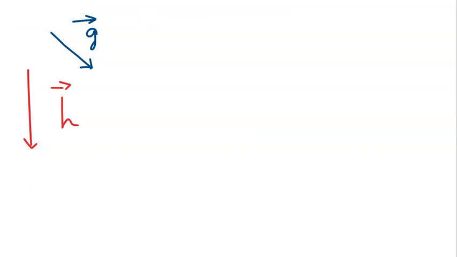Next example. Let's say we want to subtract g from h. So h minus g equals, let's say, vector l.